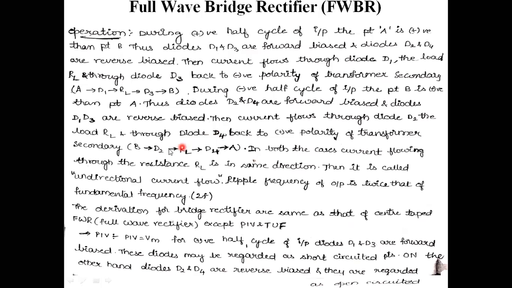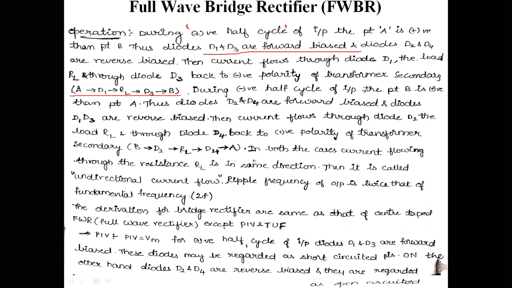That is given as A to D1, RL, D3, B. This is for positive half cycle. Diodes D1 and D3 are forward biased and the remaining two diodes are in reverse bias condition.